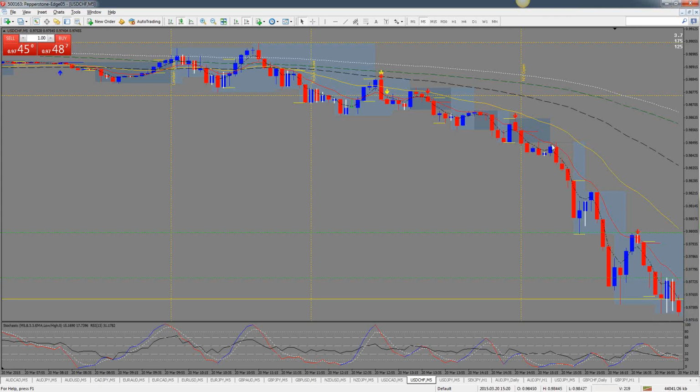The bears are in control. Well, the bulls are trying to get into control here, but it was a level playing field, right in the middle. That's my entry there. It would have been my entry.